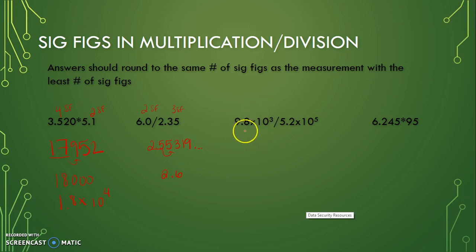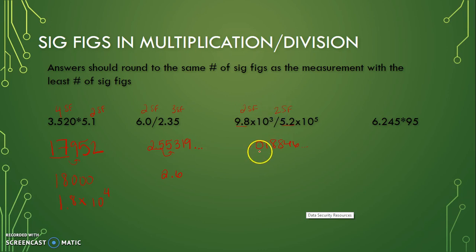Okay, this next one. If you do this in your calculator, you're going to get 0.018846, and then again a bunch more stuff. So I just cut it off at that point. This one has 2 sig figs. Remember, we're just looking at these 2 digits. This one has 2 sig figs. So they both have 2.